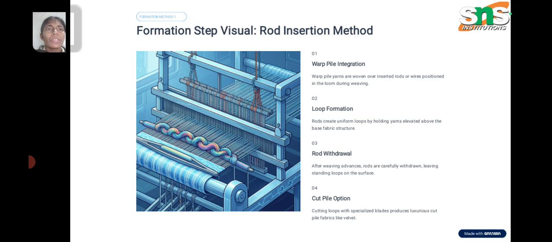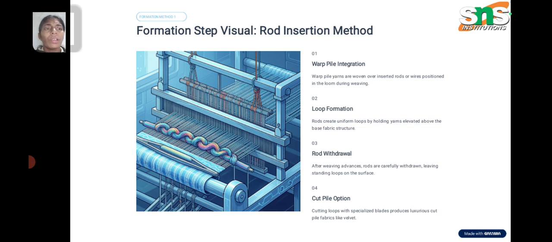Then formation steps. The first step is warp pile insertion. Warp pile yarns are woven over inserted rods or wires positioned in the loom during weaving. Loop formation: rods create uniform loops by holding yarns elevated above the base fabric structure.